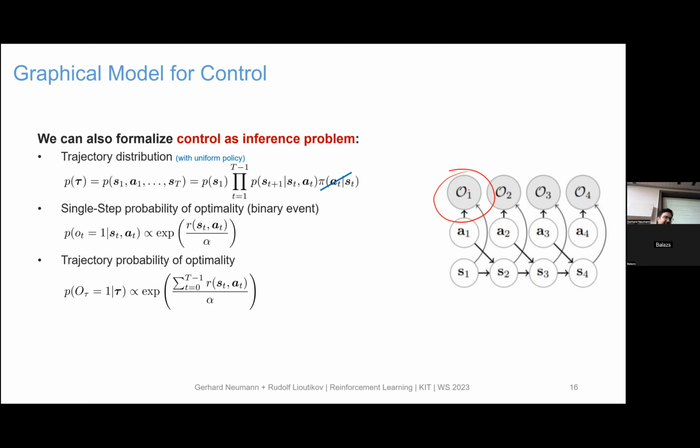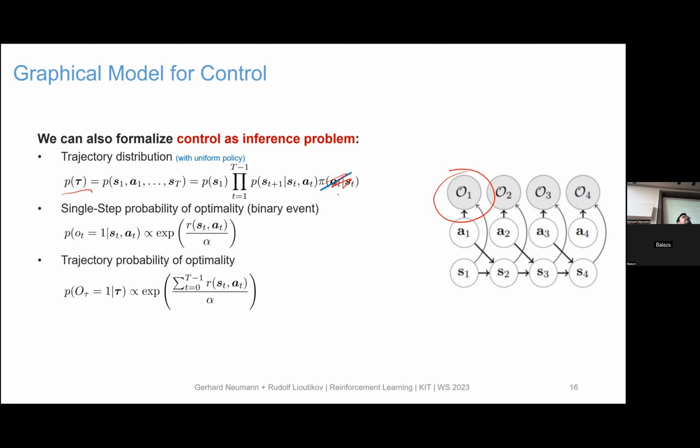We can define all of these distributions very similarly as in a Markov decision process. We can define the trajectory distribution, that's what we already know. Now, we don't use a policy here because we want to infer the policy. So the policy is just a uniform policy, where we take every action with the same probability.